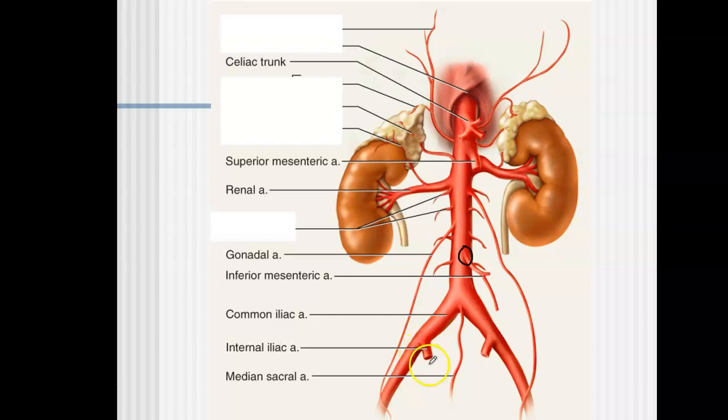Common, internal, and external iliac on both sides. Let's do them backwards. External iliac, internal iliac, common iliac. We come up, here we have inferior mesenteric, gonadal, another gonadal, a renal, another renal, a superior mesenteric, and a celiac trunk.